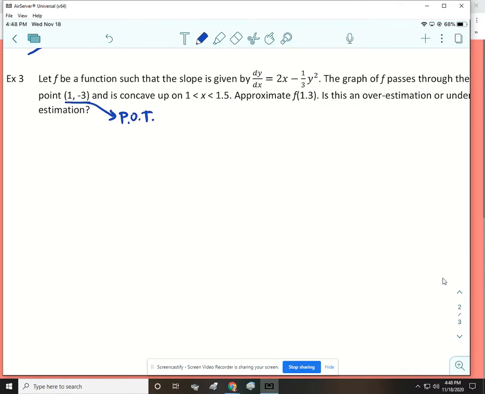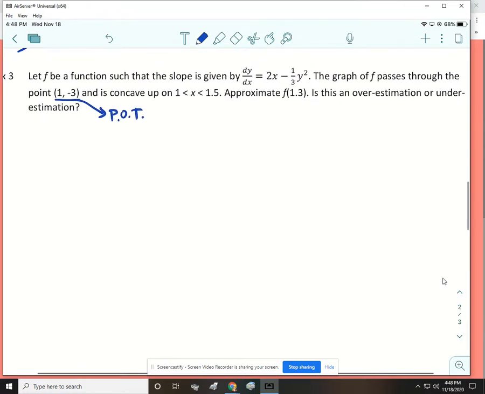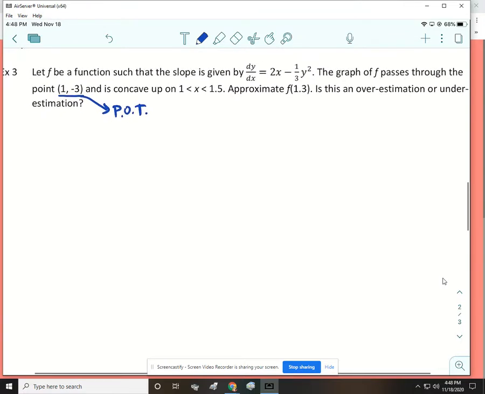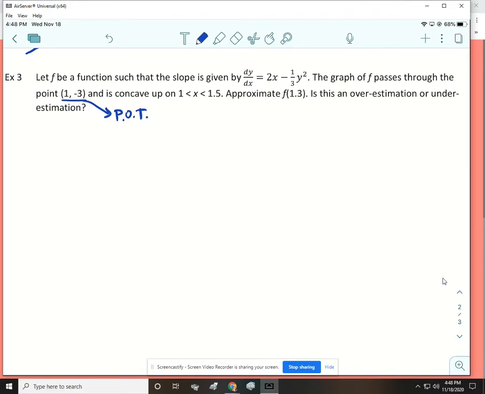It doesn't necessarily tell us to do a tangent line approximation. It just says to approximate it, so it's something you're going to have to train yourself to recognize. Then for the slope of tangency, we're going to use the derivative graph to find that.